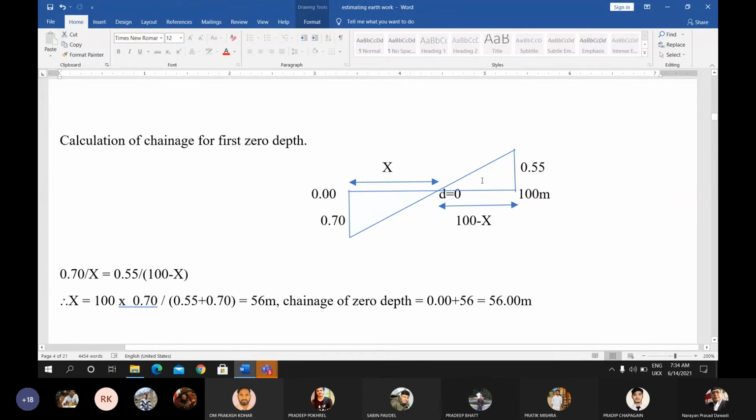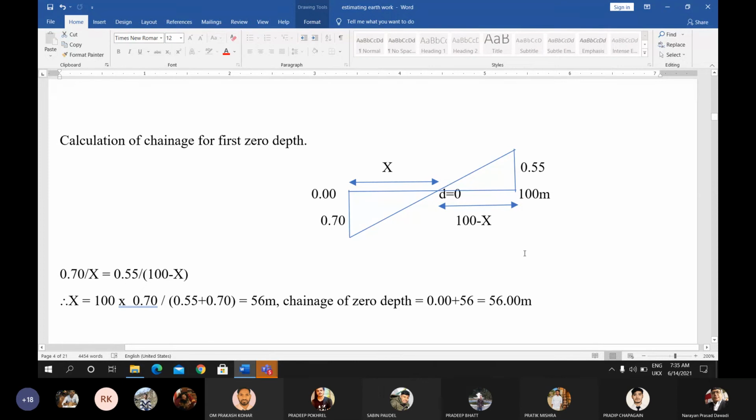You will get a double triangle here, and using the proportion of these triangles, you can find the value of x. The starting chainage is 0 meter and the ending chainage is 100 meter. The total length will be 100 minus 0.